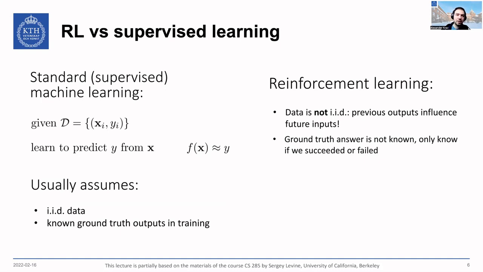Although just success or failure is very little guidance, basically true or false, in reality we'll mostly be talking about rewards. This is something that's much easier to get than ground truth data, especially when the ground truth data does not exist or is virtually impossible to attain. The reward is much easier to engineer and much easier to get in general.